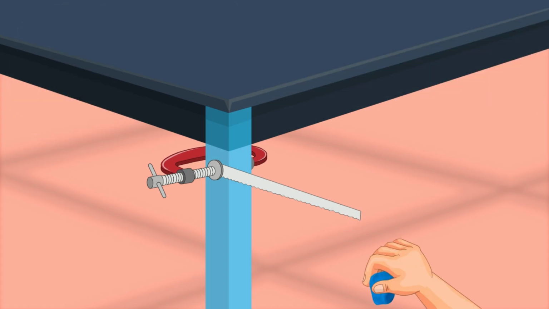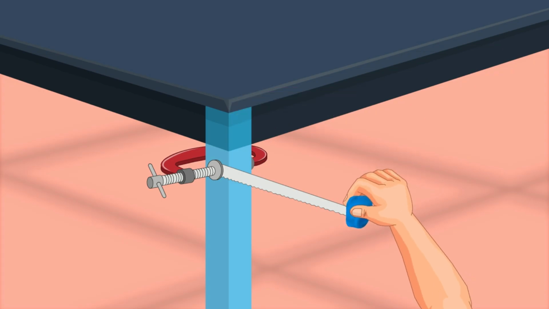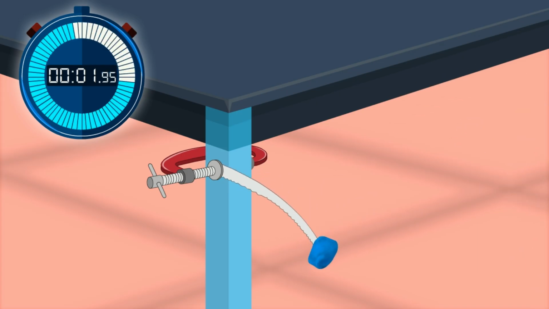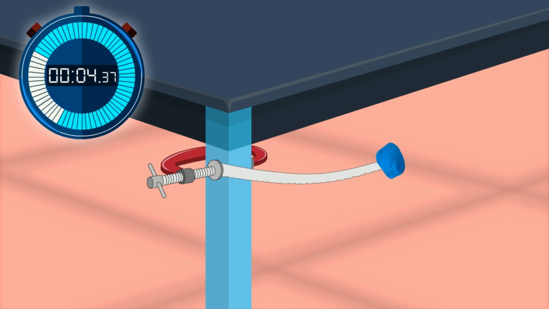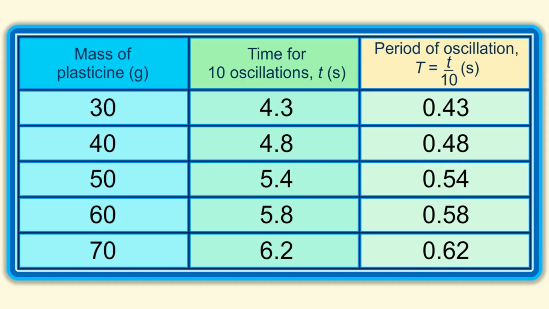Lastly, repeat the same step by using plasticine with a mass of 70 grams attached onto the end of the hacksaw blade and record the result in a table. From this experiment, we can conclude that the larger the mass of an object, the larger the inertia of the object.